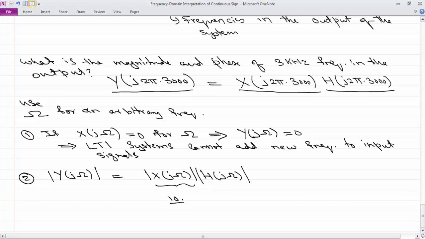By designing an appropriate impulse response, an appropriate h(jω), I can either scale up that frequency or scale it down, because it's just a multiplication operation.